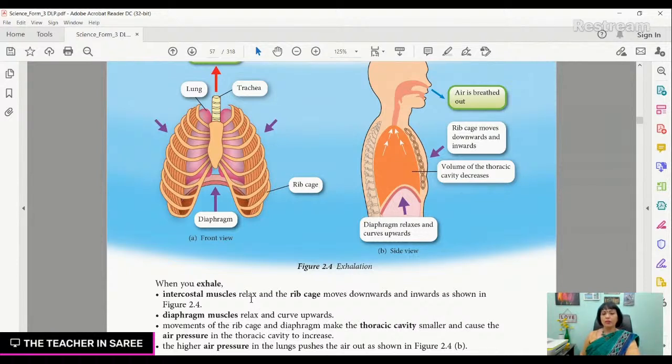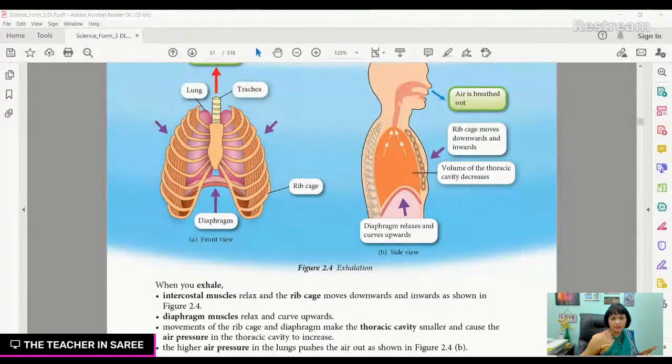So the intercostal muscles will relax and cause the rib cage to move downwards and inwards. Okay, again. Wait, let me see what I'm showing because sometimes I'm out of the frame. Downwards and inwards is like that.